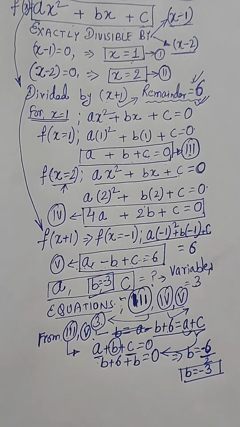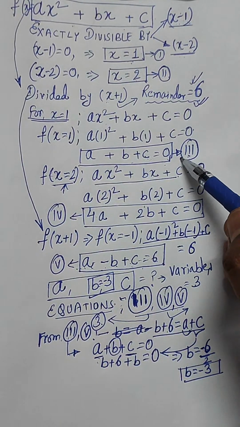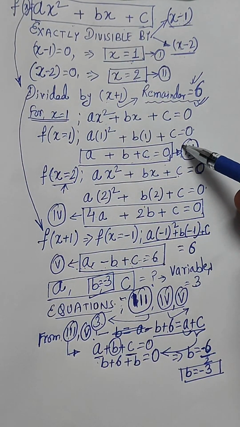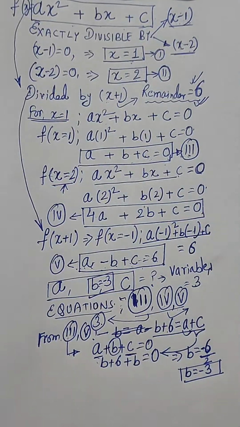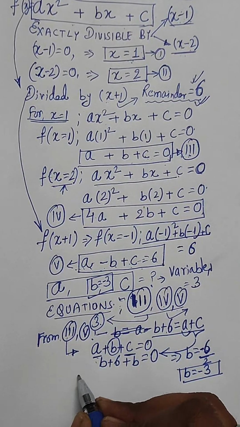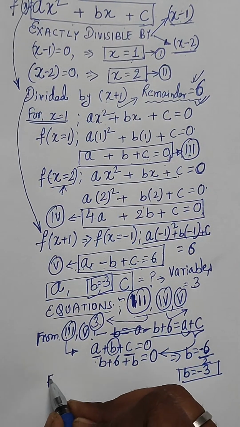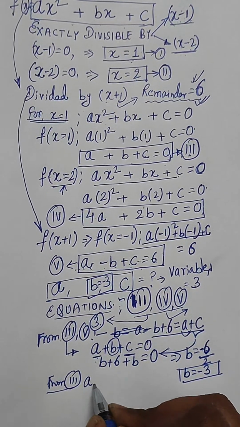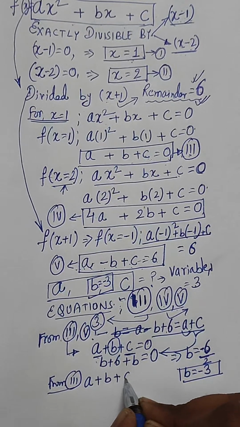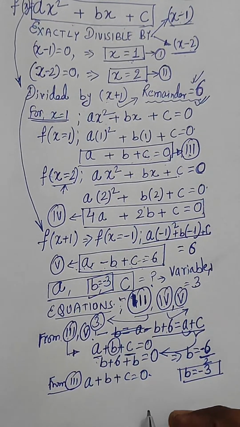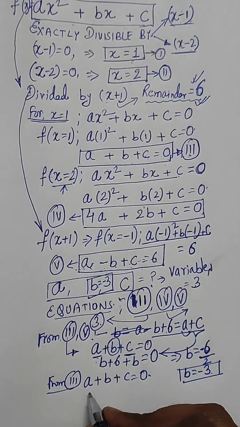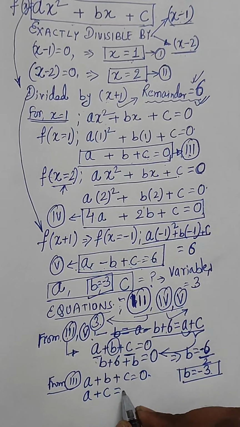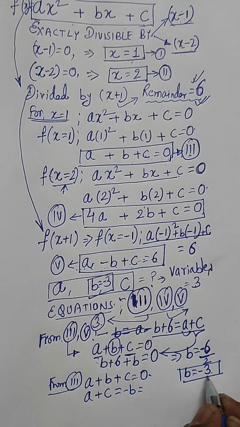If you consider equation number 3 and put in this value, you again get an equation in the form of a and c. So from equation number 3, a plus b plus c is equal to 0, and this will give you a plus c is equal to minus b, and b is minus 3.